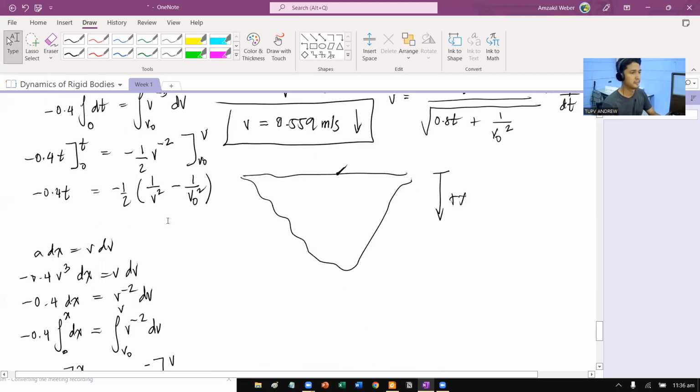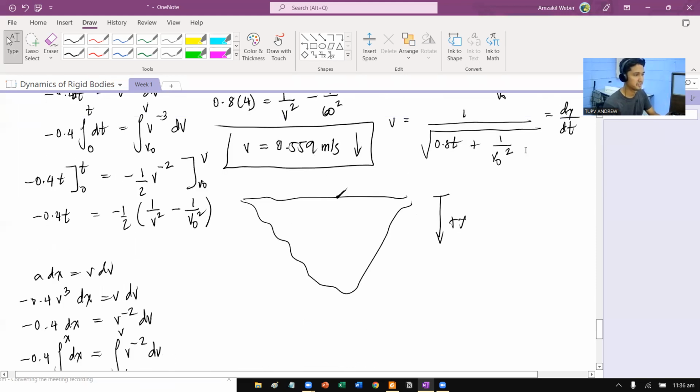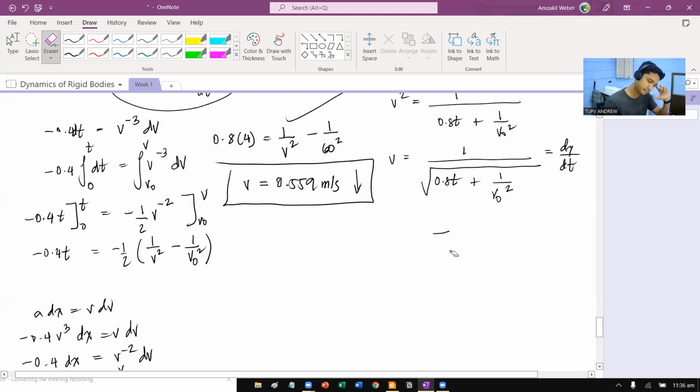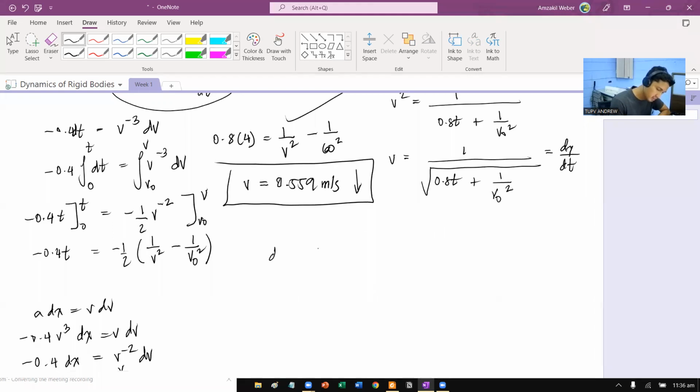Okay, what about this one? Let's try it too. Here is its solution. So dx is equal to dt.